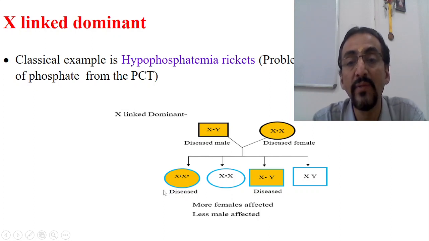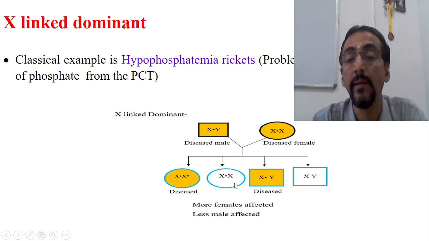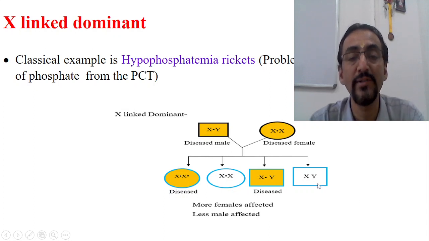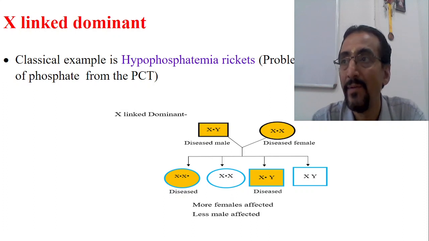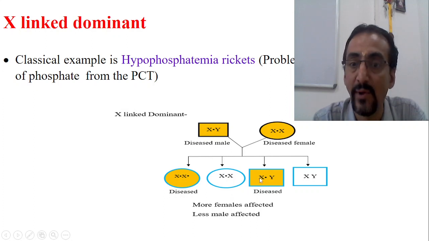Here two of them are diseased, again one male and one female, and one will be a carrier and one will be normal. Now the question is, in dominance there is no question of a carrier, isn't it? We know that in dominance, see, these two are completely diseased, no doubt.